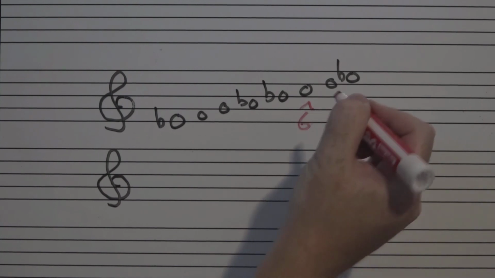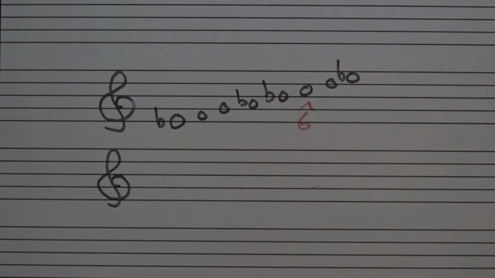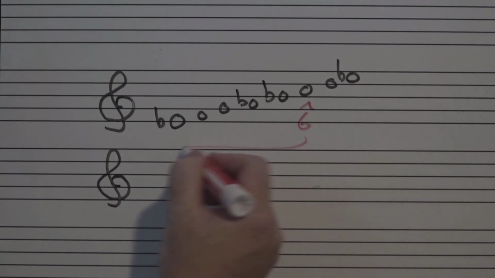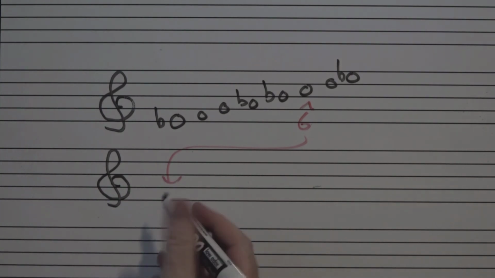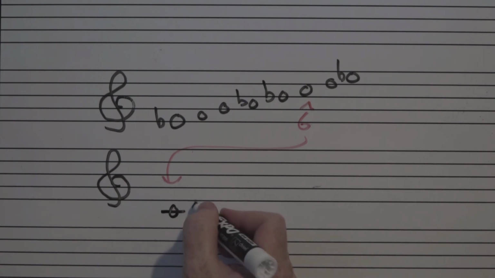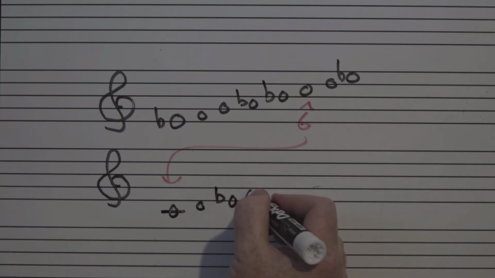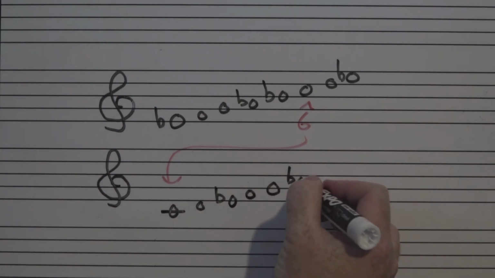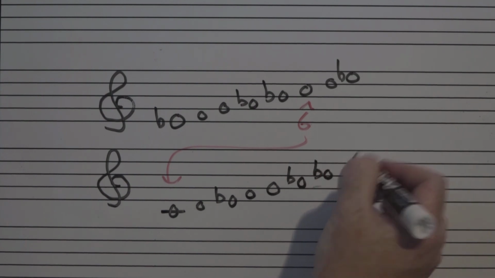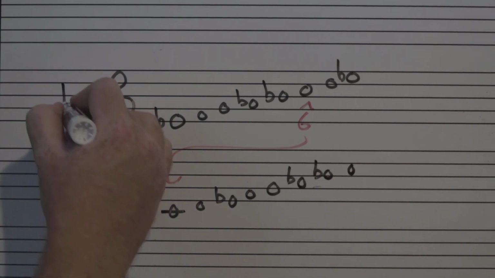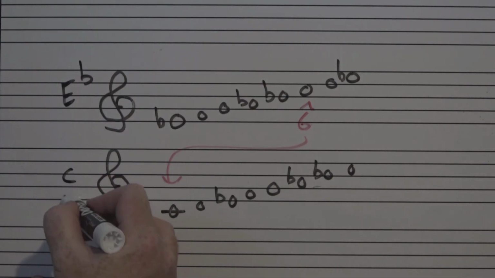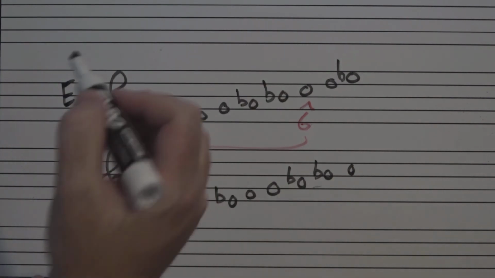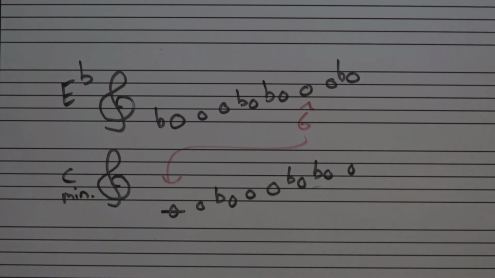There it is. Scale degree 6. And that will be our relative minor. So E flat major has 3 flats, and C minor also has 3 flats, our relative key signatures.